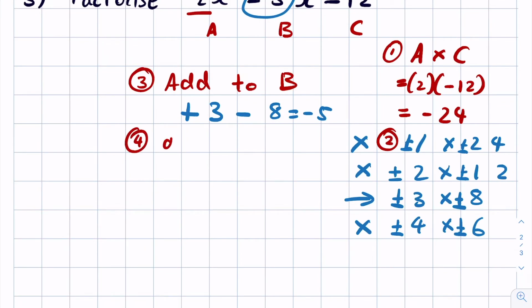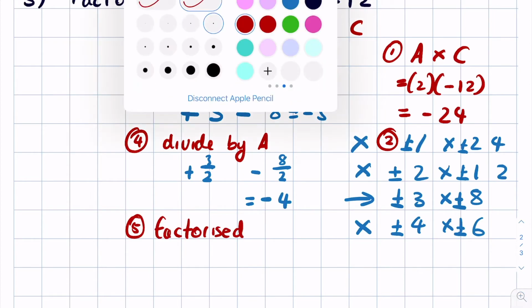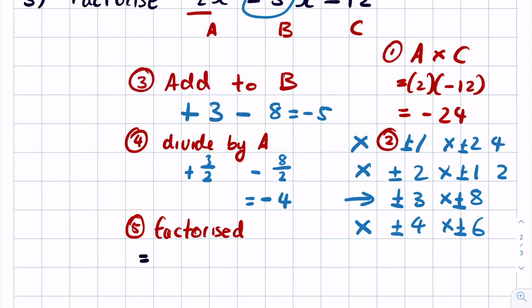So the factorized form of this, actually before that we need to divide it by A. So we have plus 3 over 2, or we can have negative 8 over 2, where 2 is A. So negative 8 over 2 is negative 4. So in order to write the factorized form, it equals 2x plus 3 multiplied by x minus 4.